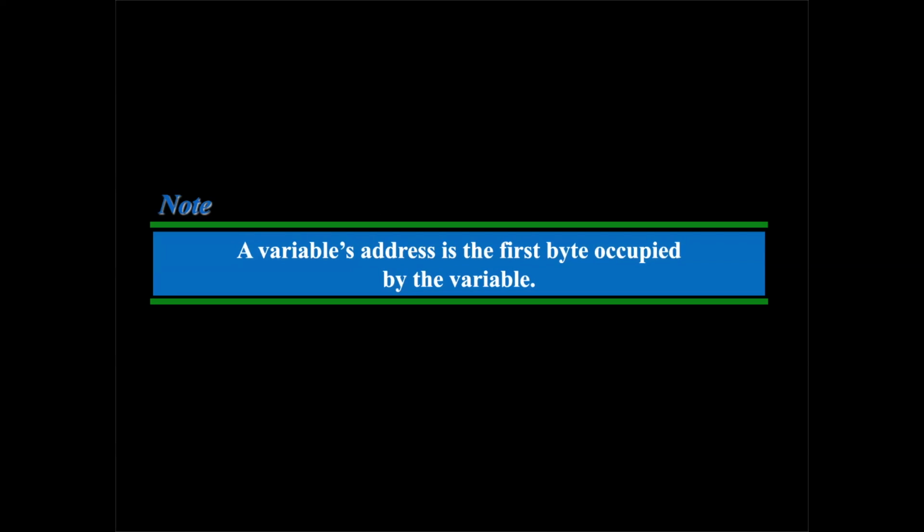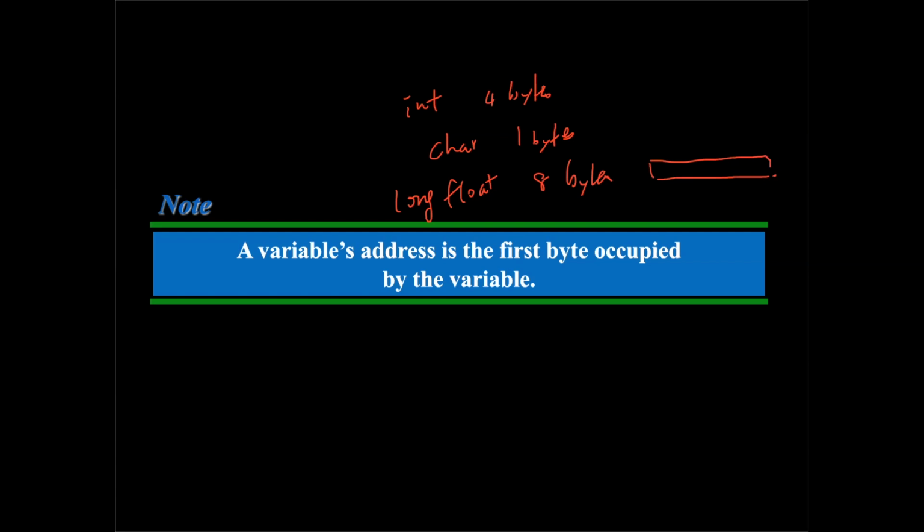We just went over this: if we have an integer, we have 4 bytes, and char is 1 byte. Now we can also have float, or even a long, and this could be 8 bytes. Let's say this is the size of your memory. 1 byte is really small, 4 bytes is half the size of your long.